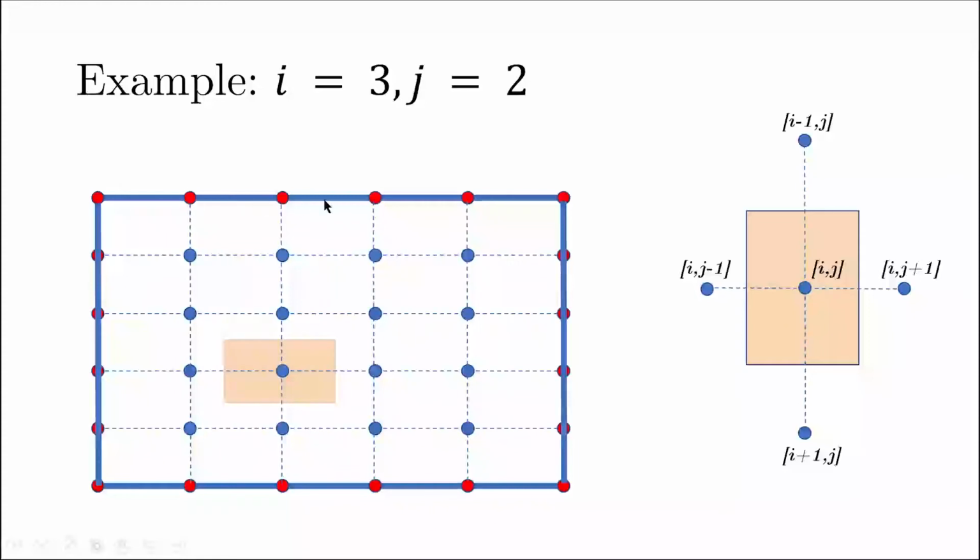So this is 0, this is 1, this is 2, and this is 3. And j equals 2 implies the column index, so 1 and 2. So this particular point here is my 3 comma 2, and there I have also defined a finite volume.